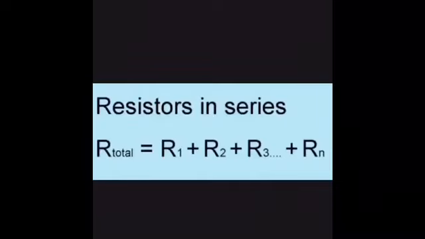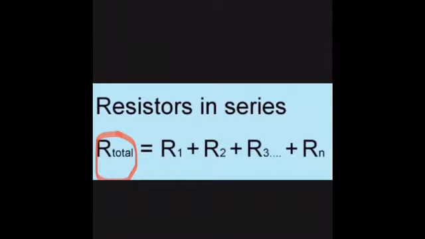So how to calculate the equivalent resistance or the total resistance in a series? According to the first property which I have shown you, the equivalent resistance is equal to the sum of the individual resistances in the circuit, isn't it? So here you can see, this particular is called what? The equivalent resistance or the total resistance.